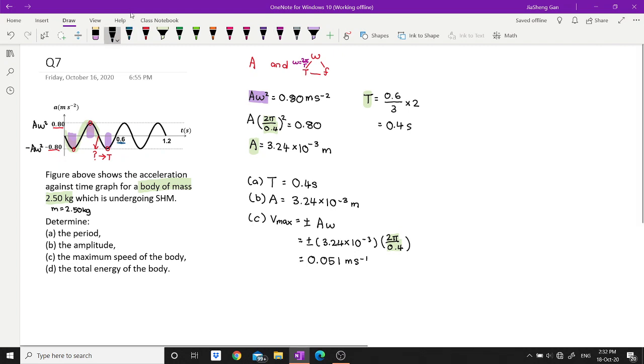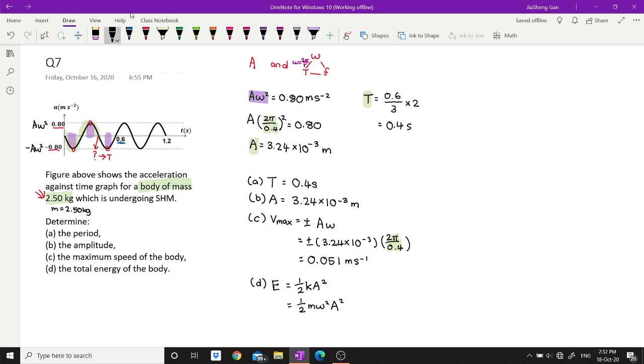The last question we have here is to determine the total energy. I believe you know that total energy is either half K A square. If you look around for this question, I don't think you are given any information for the force constant K. So let's try another equation instead: half M omega square A square. Now things seem possible because you are given the mass of the object undergoing SHM.